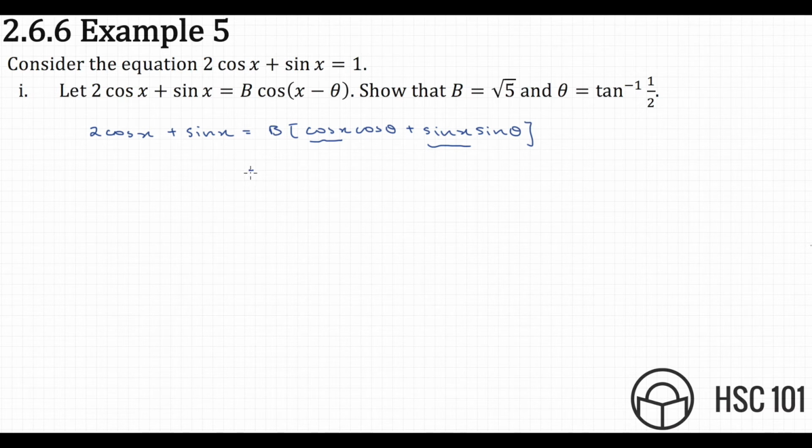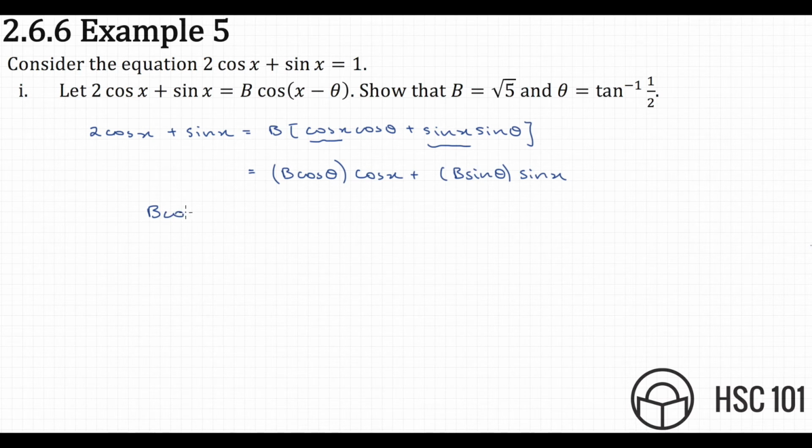Upon expansion, we can see that we've got b cosine theta lots of cosine x, plus b sine theta lots of sine x. Equating the left-hand side and the right-hand side, b cosine theta lots of cosine x must be equal to 2 lots of cosine x.